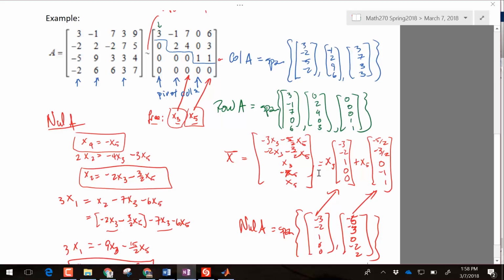But the dimension of the row space plus the dimension of the null space is going to equal the number of columns. And in this case, there are 5 columns in the matrix.